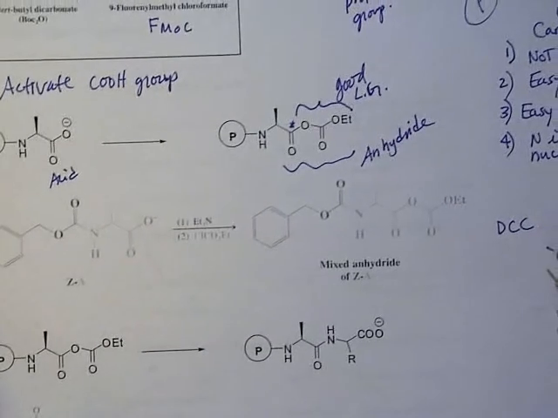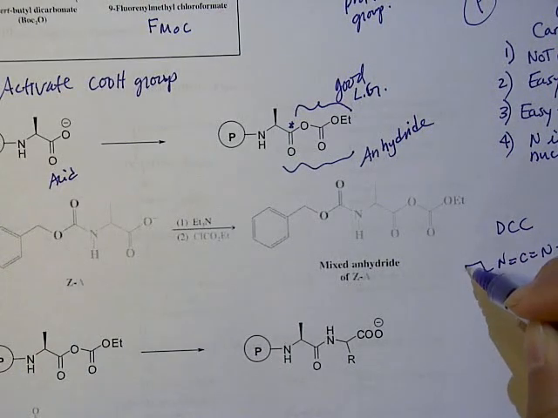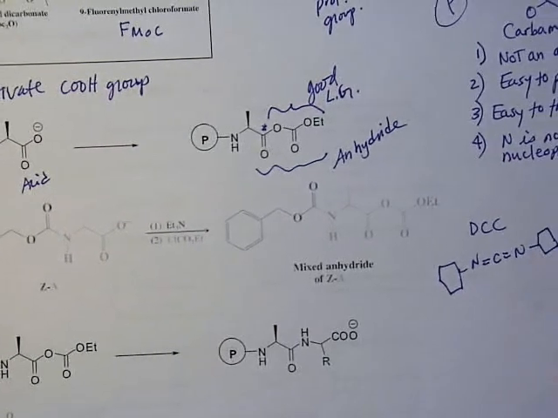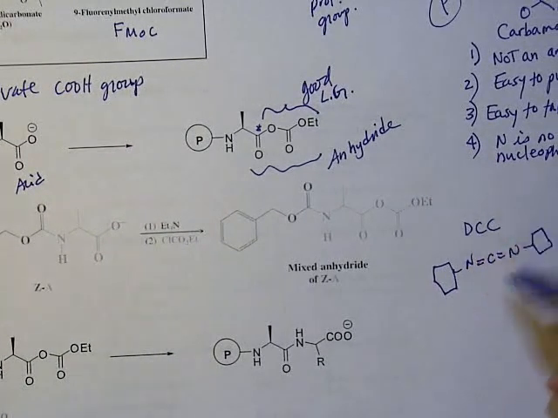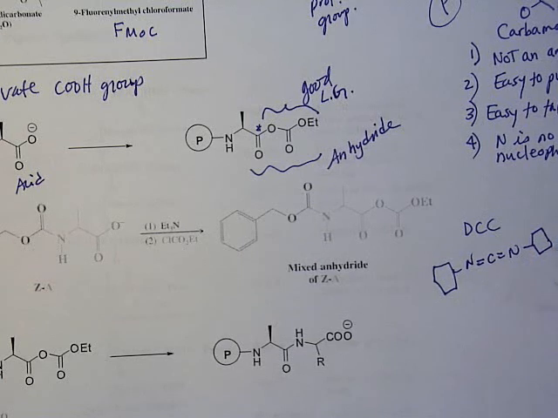This is used often, and its derivative, diisopropylcarbodiimide, they are both used, and it has this structure, DCC. But anyway, this and the diisopropyl, so instead of a cyclohexyl, the isopropyl group, they work the same way.